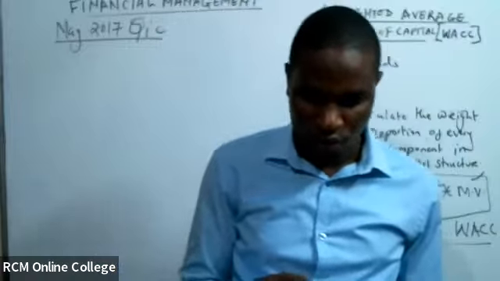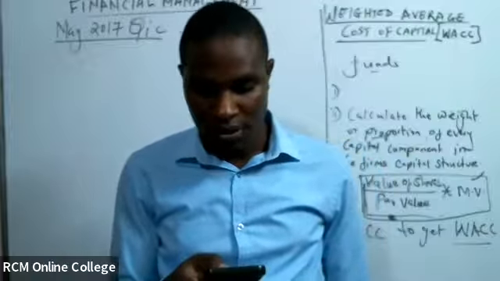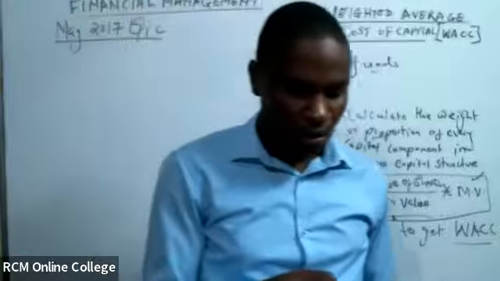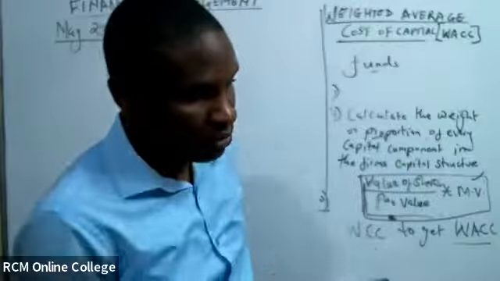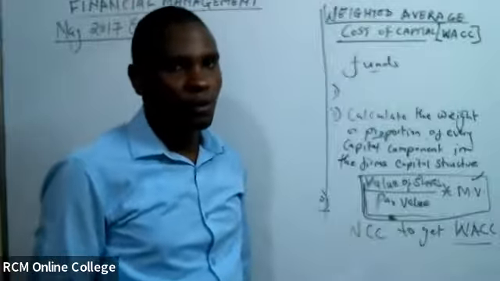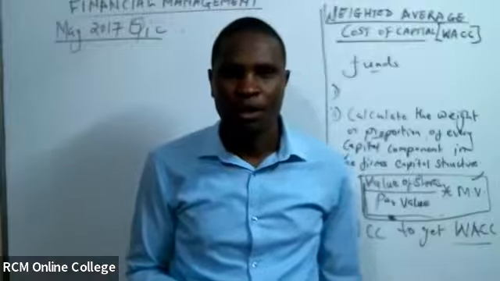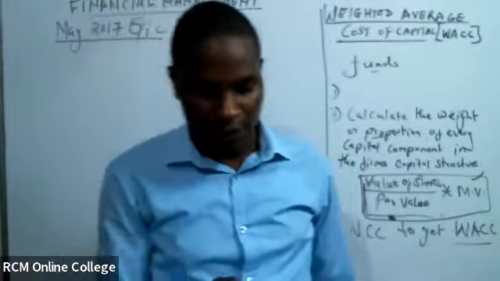Then class, we are required to compute several items. The first one is the annual dividend growth rate using the Gordon's growth model. This is very important to us. So class, how now do we compute the growth here?